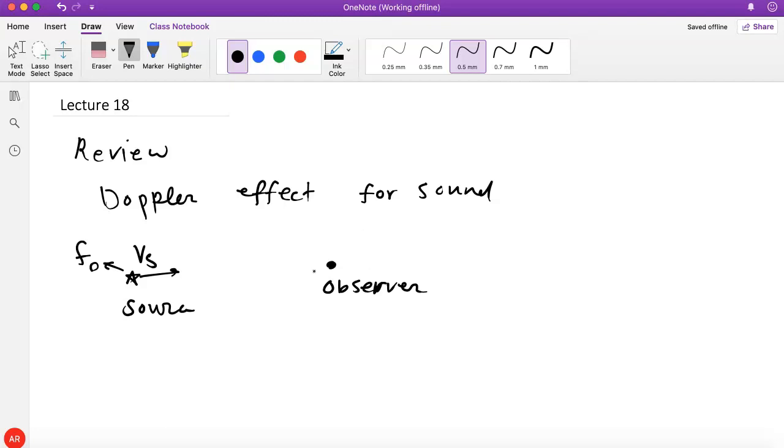So this observer measures a frequency f plus, that's f naught divided by 1 minus Vs over V.